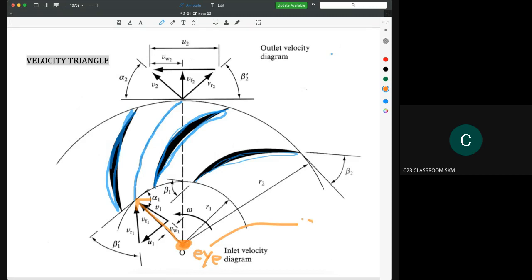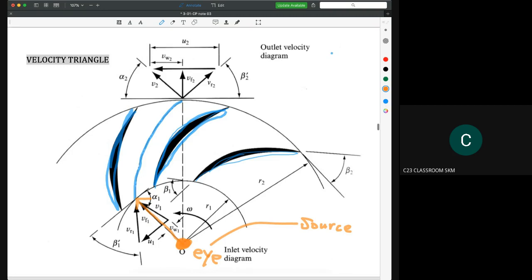So we call it a source. The idea of a source is water comes from one single point here, and the direction of flow is in radial direction. This is the ideal condition of the system.